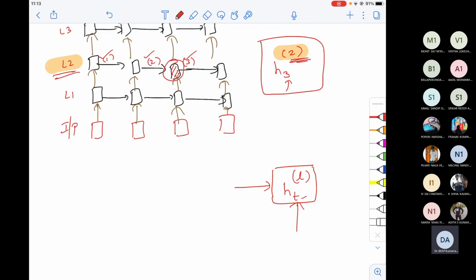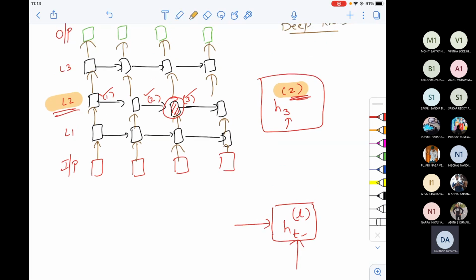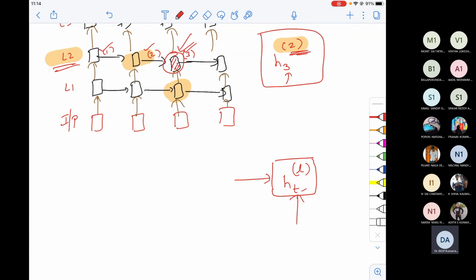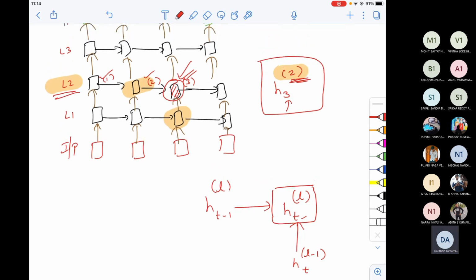We'll have two inputs. One input is this one, and another input is this one, because we are presently working on this particular state. So HT of L takes HT minus 1 of L, and HT of L minus 1. Am I right? You understood? Is the notation clear, guys?